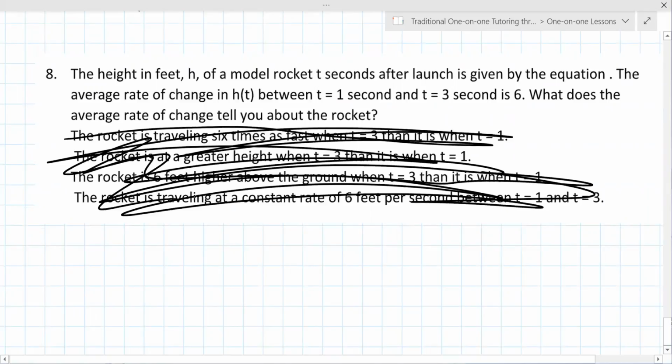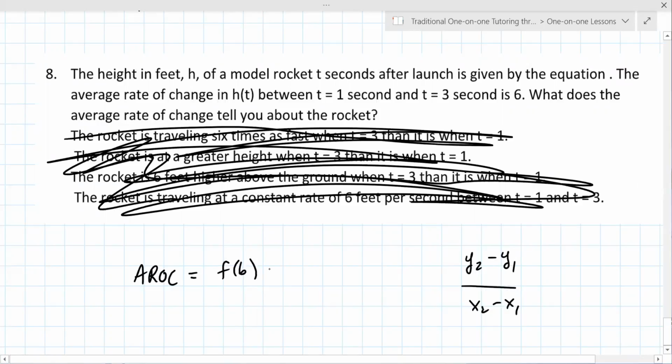It says the height in feet of a model rocket T seconds after launch is given by the average rate of change. The average rate of change is, and you've seen me do this a few times, y2 minus y1 over x2 minus x1. It's the slope formula, but written differently.